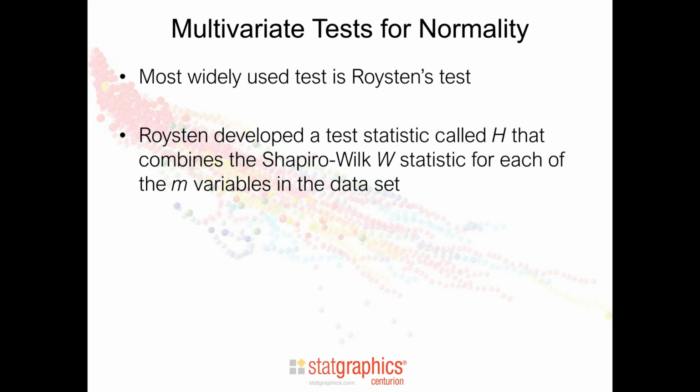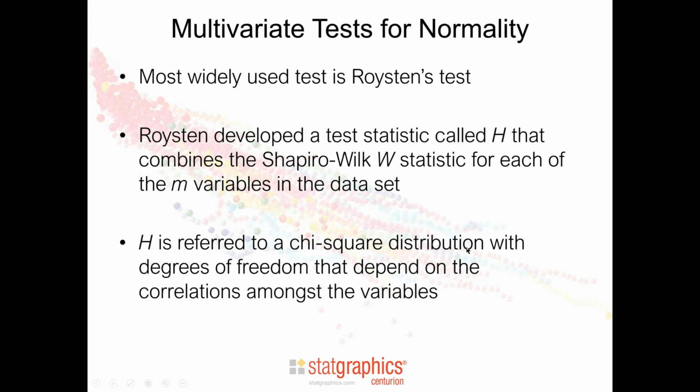So in this case, it would take the W statistic for diameter and the W statistic for strength, combine them into a single statistic, that will tell us whether or not the two variables together come from a bivariate normal distribution.